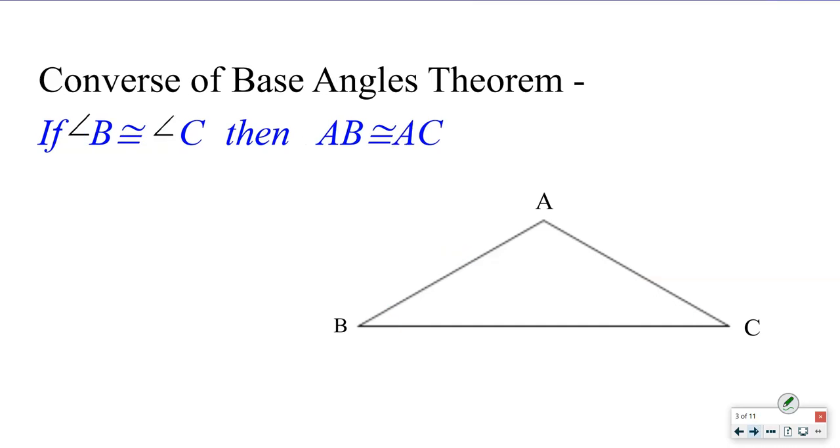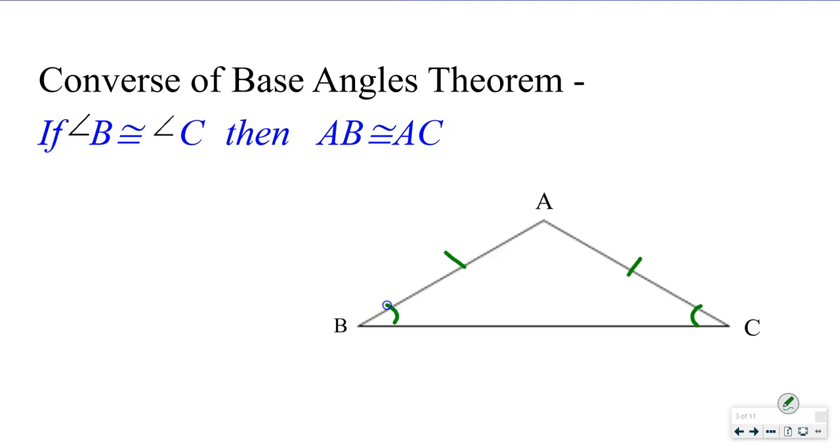We also have the converse of base angles theorem. And that is, if we know the angles are congruent, we start off knowing those base angles are congruent, or any 2 angles, then we know that those 2 sides are going to be congruent, that AB is going to be congruent to AC. So that's the converse.